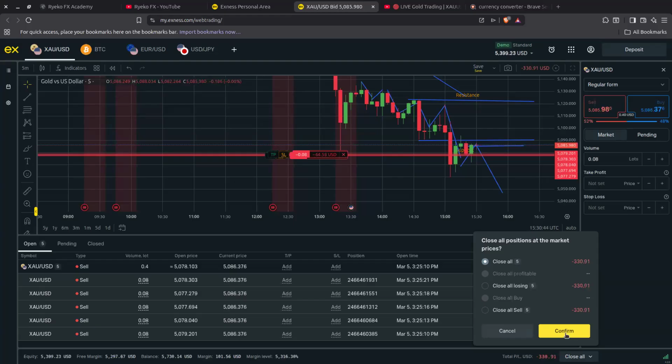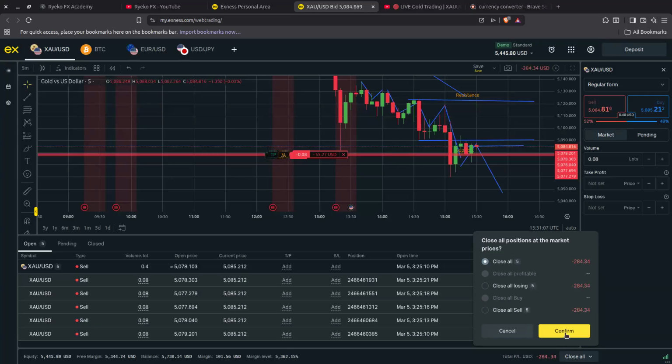Mark, use 0.01. Of course, you make less money with that, maybe like 40 pips. You make less money. And now you see the problem.